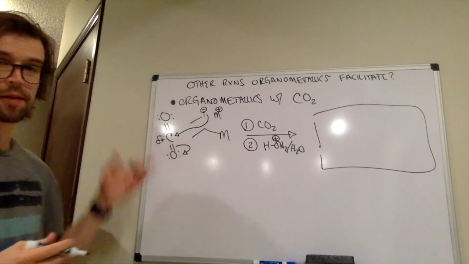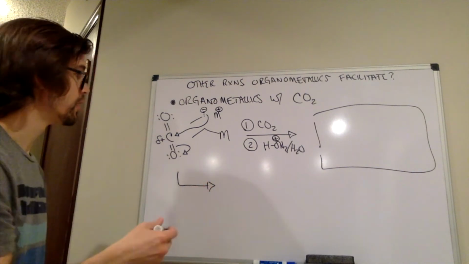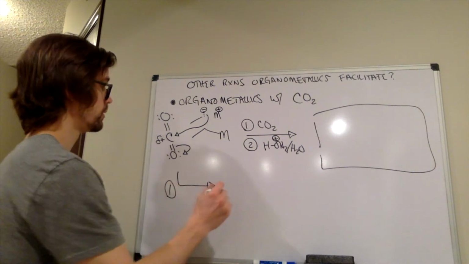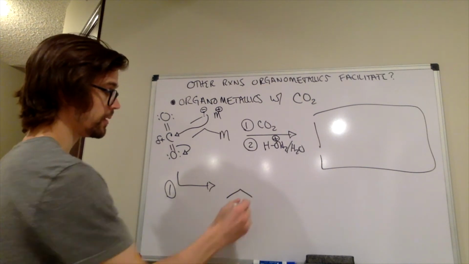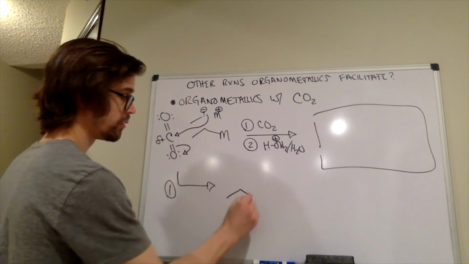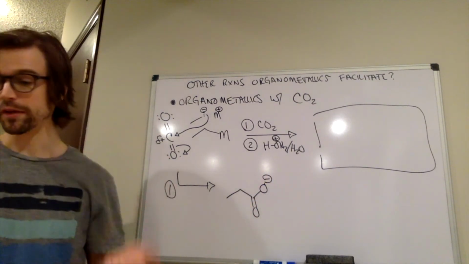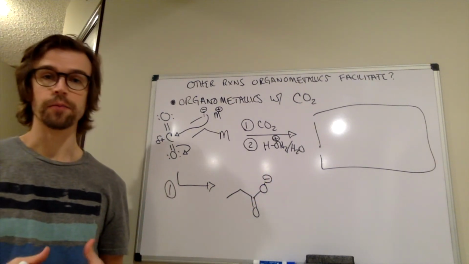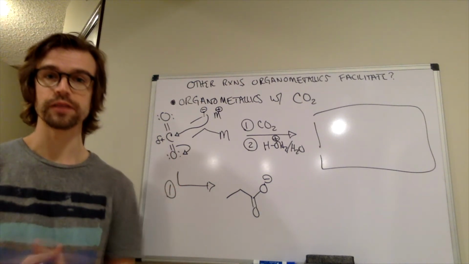And one of these pi bonds on either side is going to open up as a result. So that would produce our 2 carbons from our organometallic bonded to a 3rd carbon, which is now a carboxylate. The CO2 is now a carboxylate.